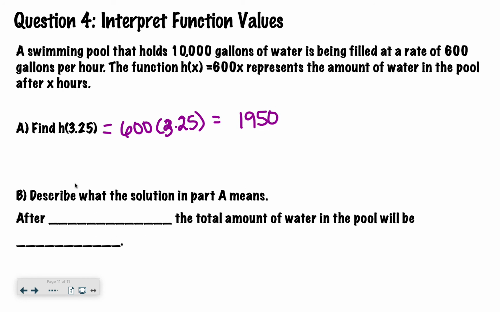So what that would mean is after 3.25 hours, the total amount of water in the pool will be 1,950 gallons.